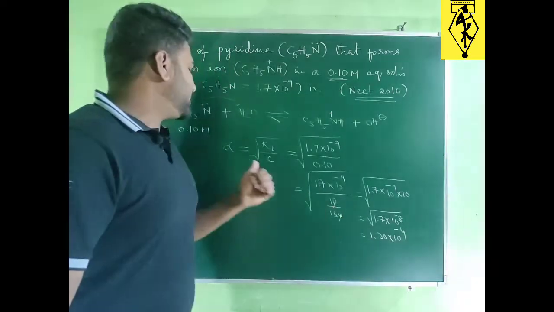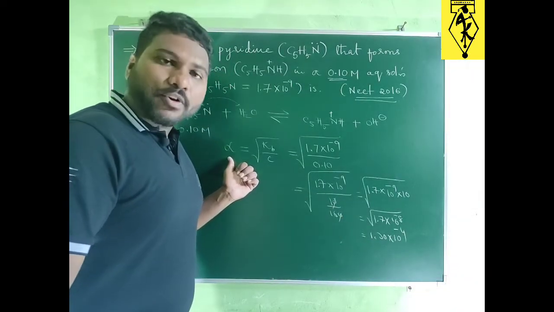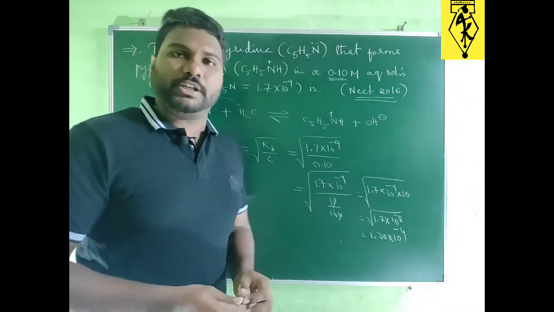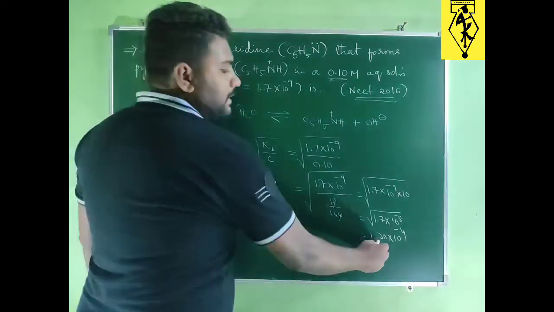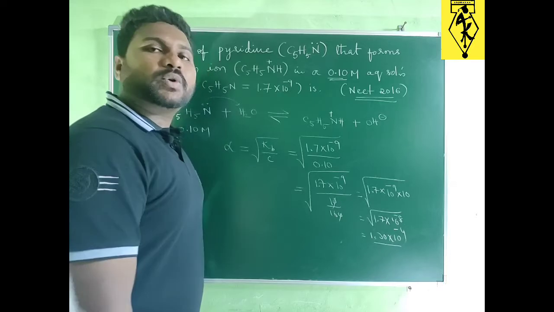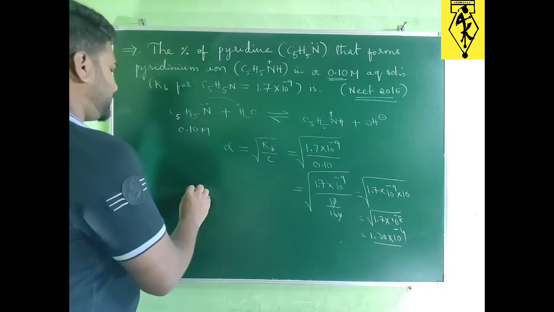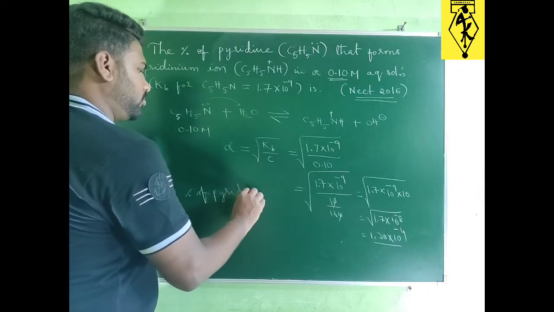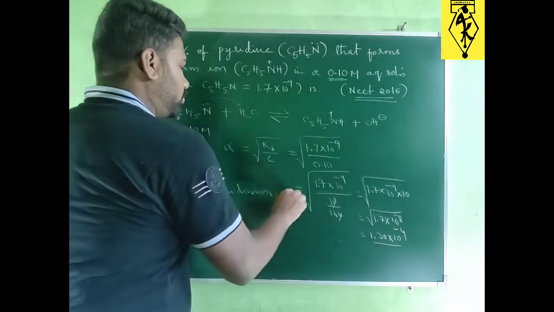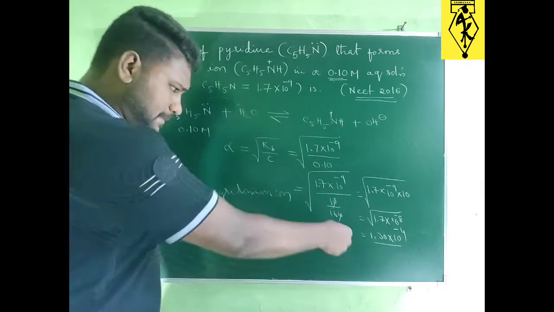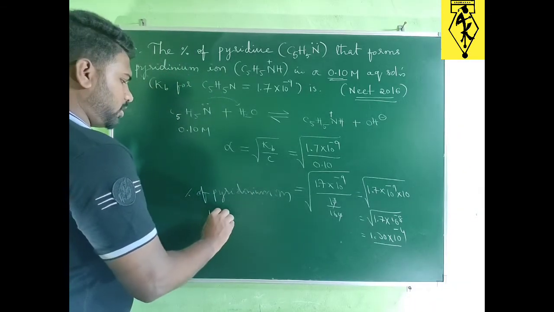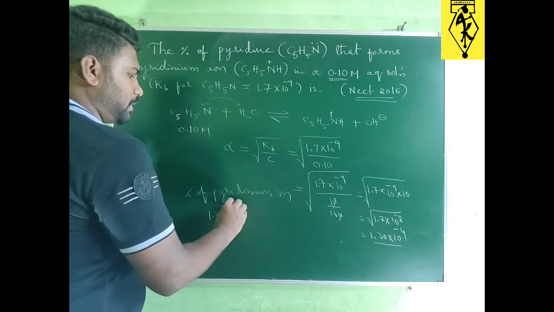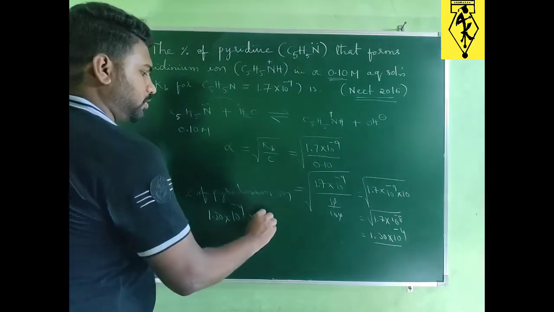What is this? This is just dissociation. We have to calculate percentage of dissociation, so we need to multiply this value with 100 to get percentage. So percentage of pyridinium ion is 1.30 into 10 power minus 4 into 100.